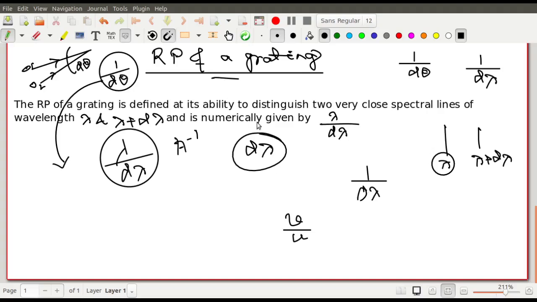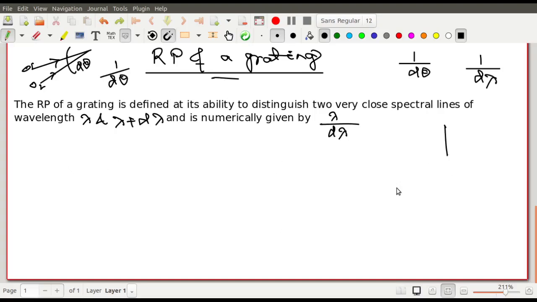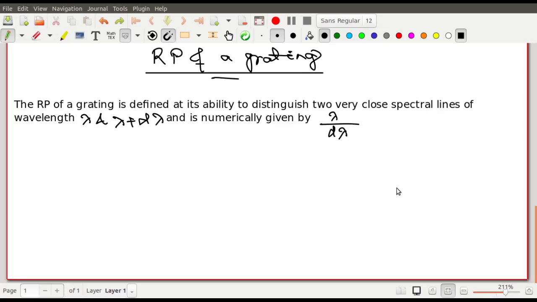So that is why I define 1 by d lambda, which is clear to you. And then I take a lambda over here to make it dimensionless. So finally, lambda by d lambda. But the basic idea is d lambda. This is what will remain. Is numerically given by this, okay?